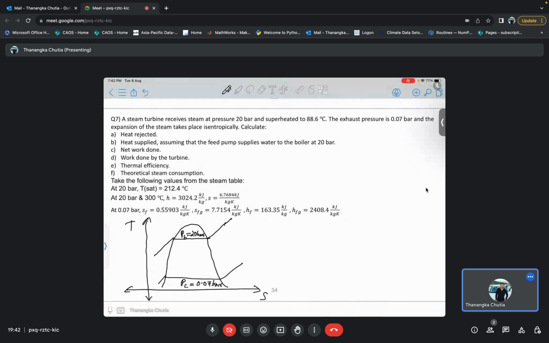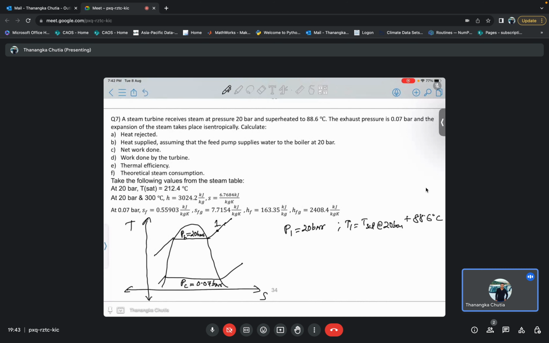Now what happens is that your steam is superheated steam that is entering the turbine. The degree of superheat is given to us as 88.6 degrees Celsius. So if I consider this as my point 1, it is given that P1 is equal to 20 bar and T1 is equal to T saturation at 20 bar plus 88.6 degrees Celsius.